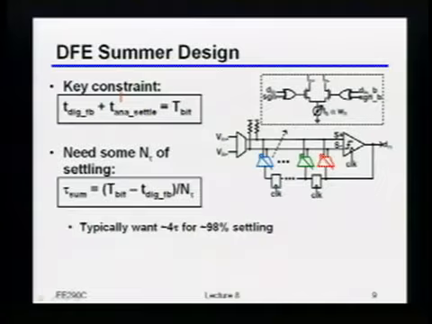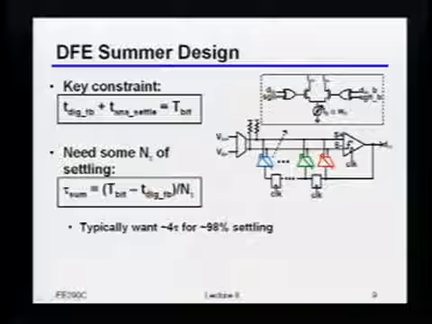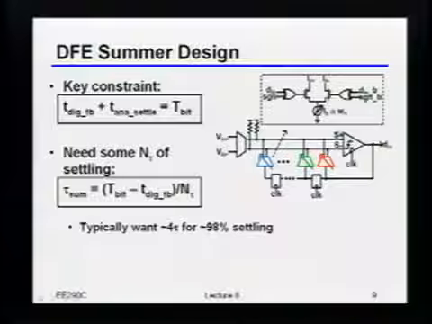So the time constant you have to achieve on this summing node isn't just set by t-bit minus this digital feedback delay, but actually I need some number of those time constants within that t-bit minus the digital feedback delay, right? So in other words, the tau on that node has to be t-bit minus that digital feedback delay divided by some number which I'm just going to call n tau.